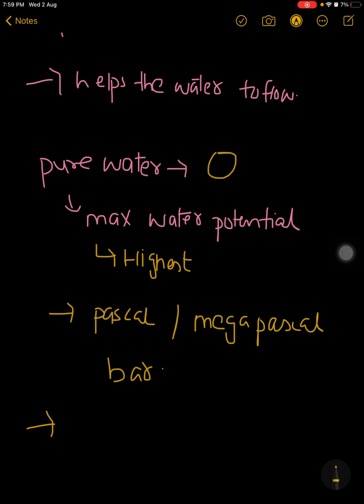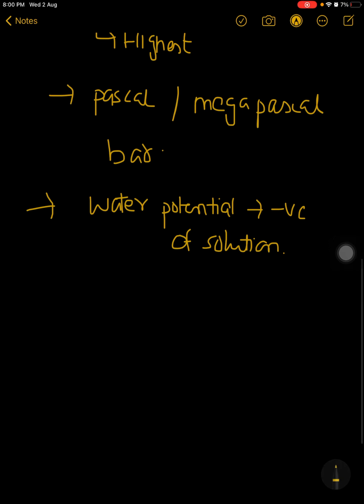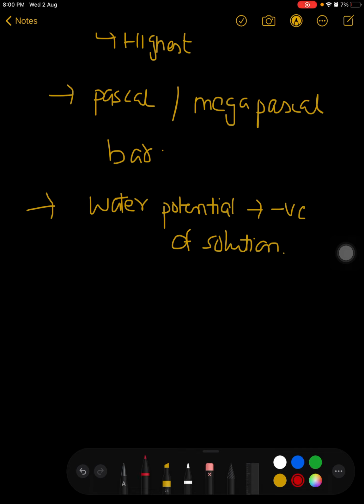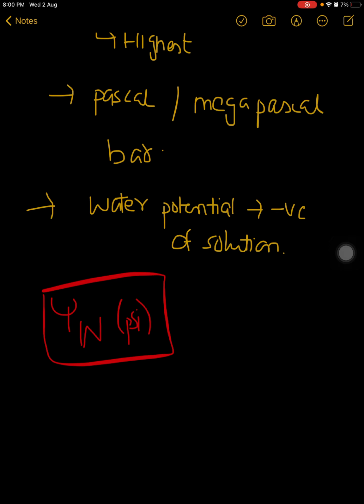Now usually the water potential is less than 0, so water potential of a solution is negative, right? The symbol used to represent water potential is psi, where the P is silent.